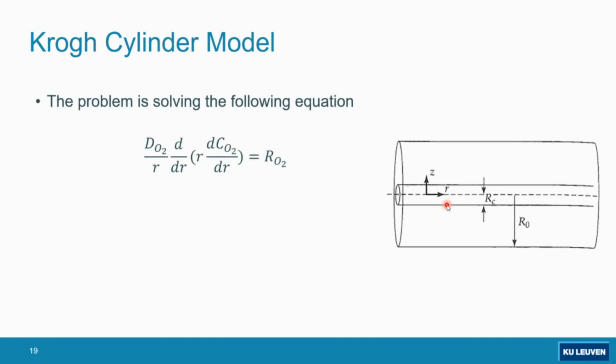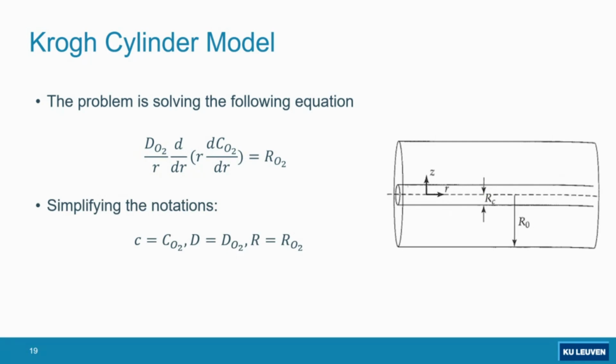The problem we want to solve is this one, the diffusion rate we have. Why it becomes a bit complex is because of this: R is the independent variable here. So when you integrate it, it becomes a bit different from the previous example that you saw.